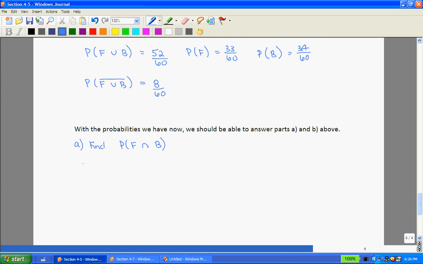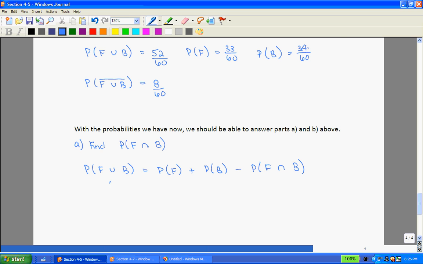So we know that the probability of F union B is equal to the probability of F plus the probability of B minus the probability of F and B. So that's just our addition formula with F and B inserted instead of A and B. Well, we know a lot of these pieces.